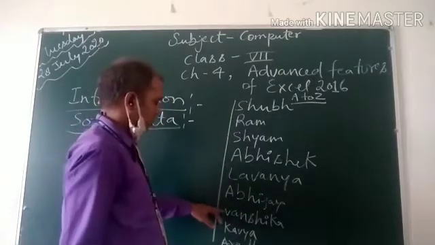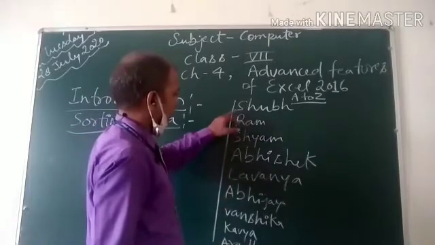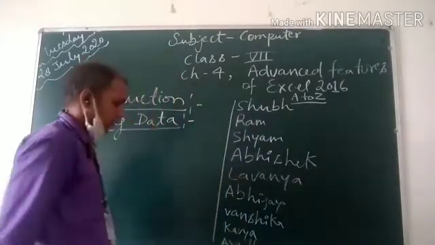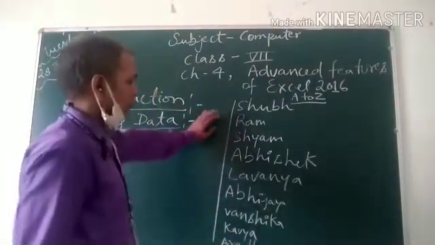That is 1, 2, 3, 4, 5, 6, 7, 8, 9, nine students.